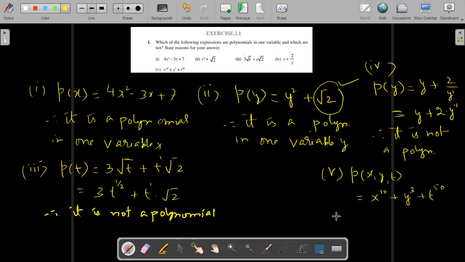It is a polynomial because the powers are whole numbers, but in three variables, x, y, and t. Okay, understood?